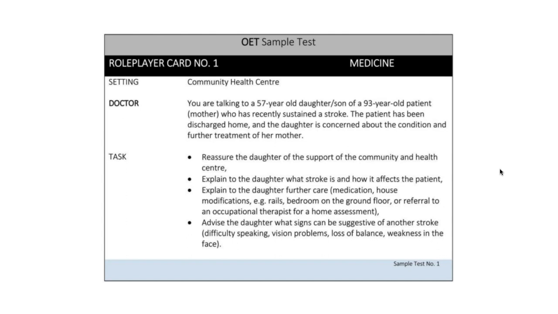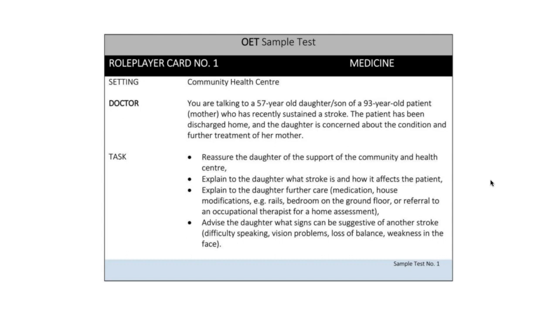So in this case, the card says you're talking to a 57-year-old daughter or son of a 93-year-old patient, the mother, who has recently sustained a stroke. The patient has been discharged at home, and the daughter is concerned about the condition and further treatment of her mother.